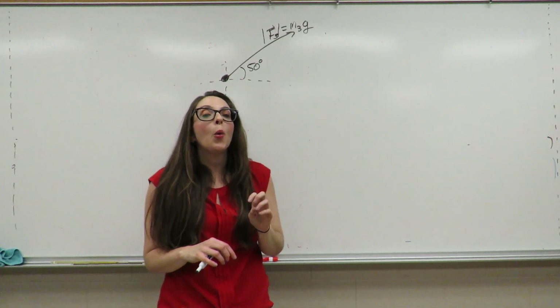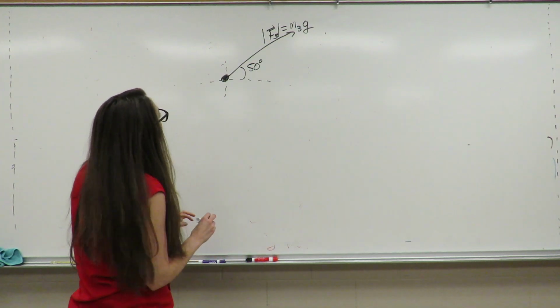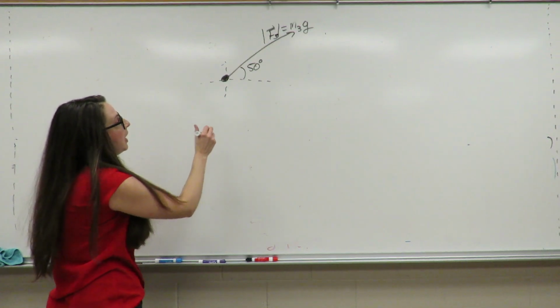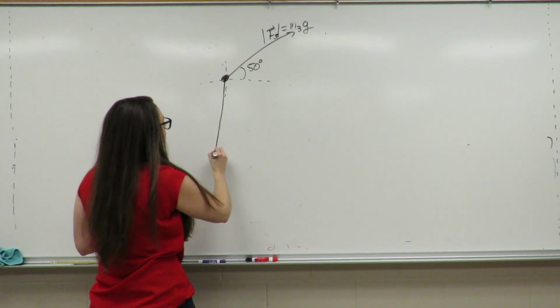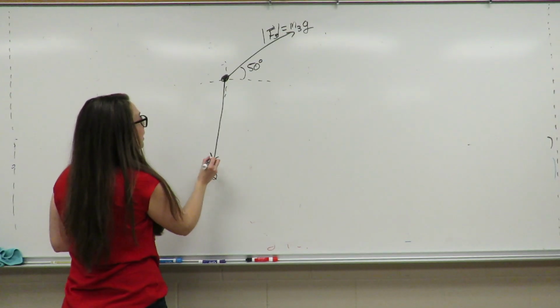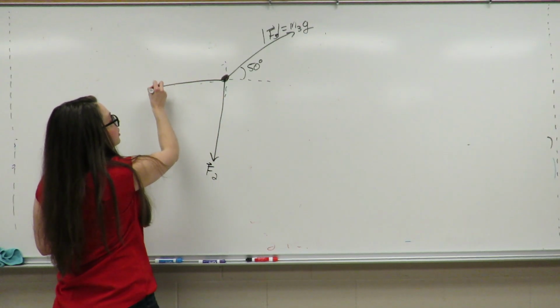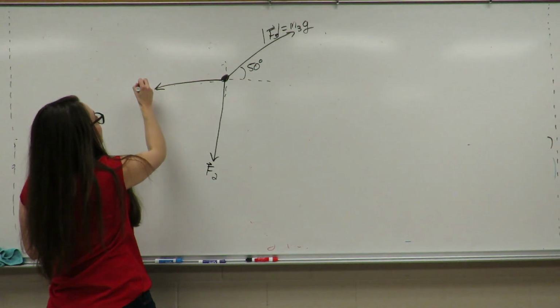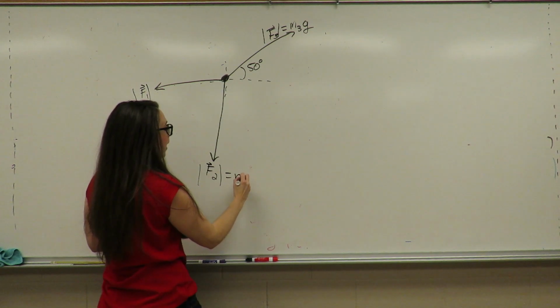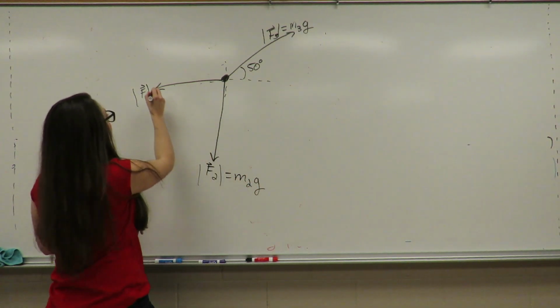So what you should have found is probably, well, let's just pretend some mass that was hanging off in kind of this direction over here, we'll call that F2, and some mass hanging off at this direction here, let's call that F1. Okay? And the magnitudes of those will then be their mass times gravity.